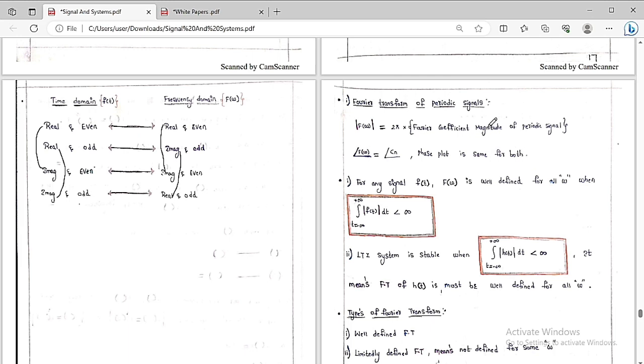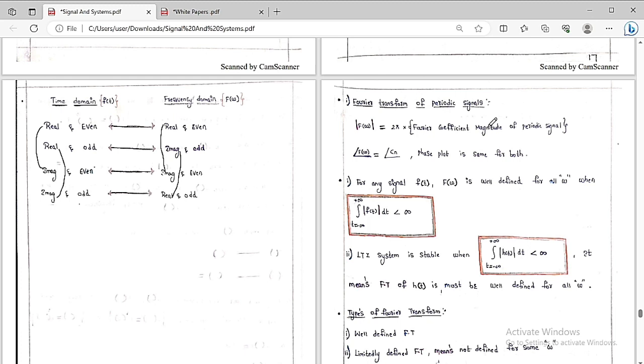So if you apply the Fourier transform to periodic signals, the magnitude of the Fourier transform is equal to 2 pi into the magnitude of the Fourier coefficient of the periodic signal. The phase angle of f of omega is equal to the phase angle of the Fourier series coefficient, which is Cn. So the phase angle plot is the same for both the Fourier series and the Fourier transform.